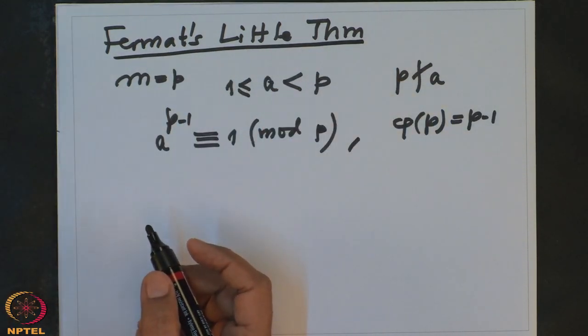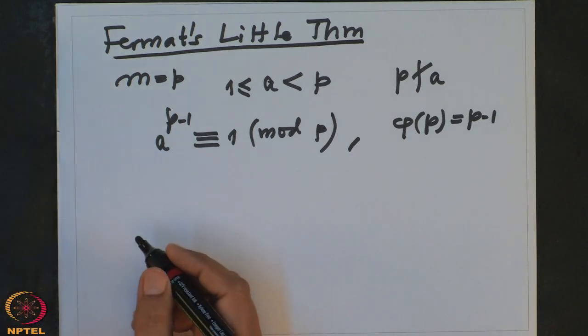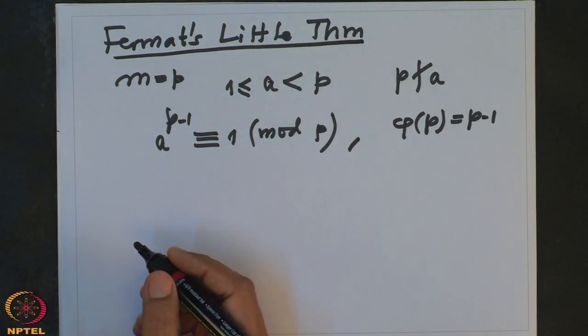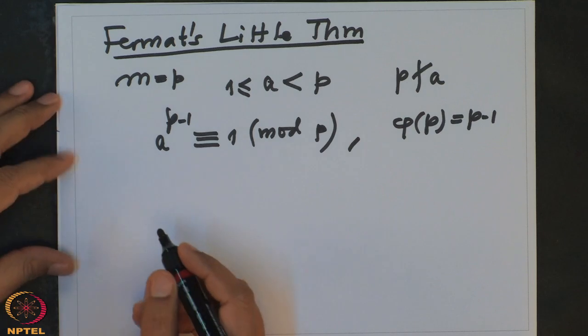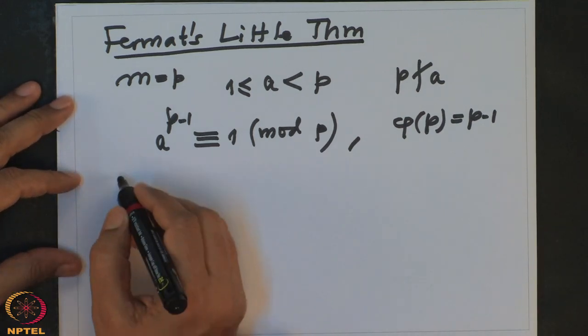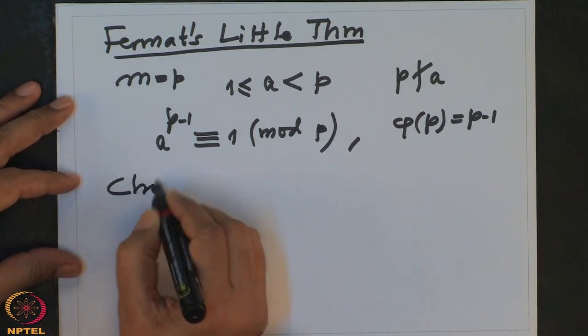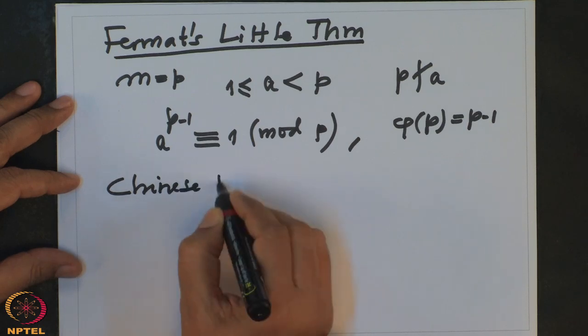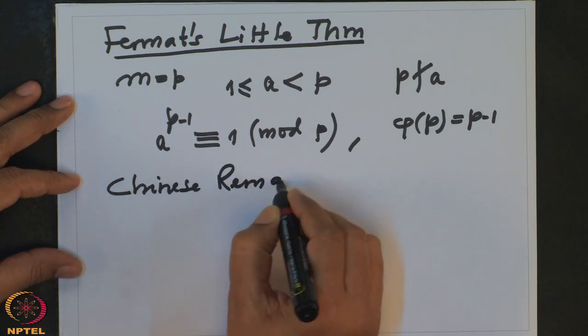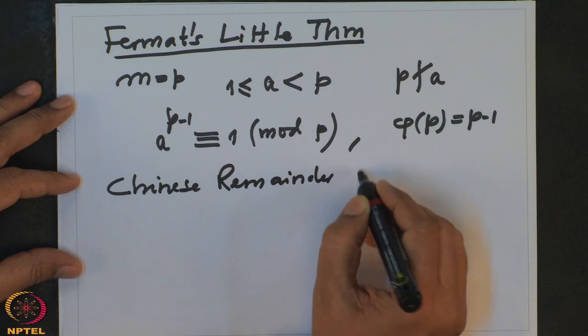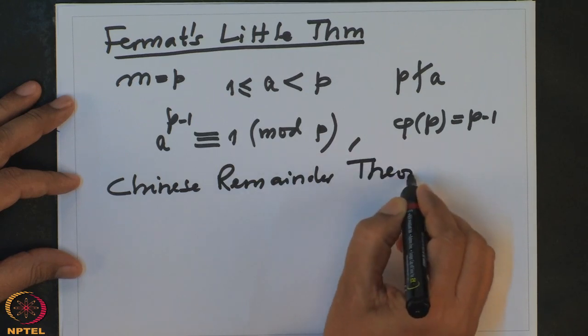Now I want to recall what is called the Chinese remainder theorem. This is about the solutions of simultaneous congruences.